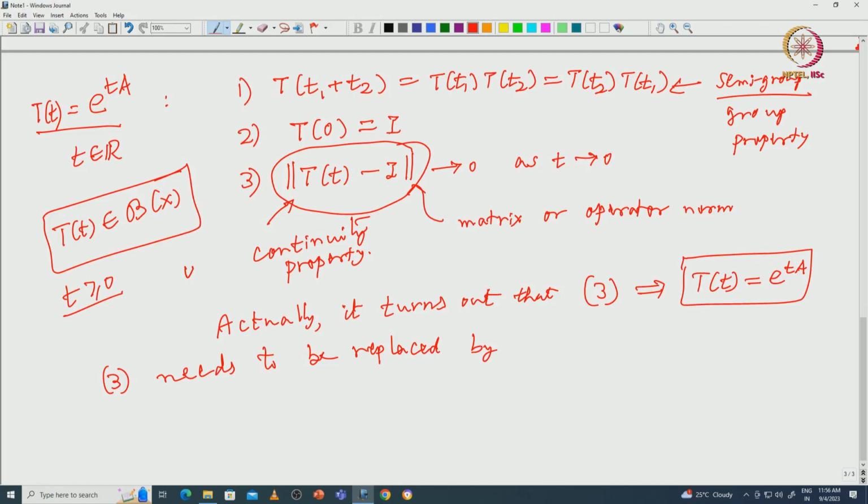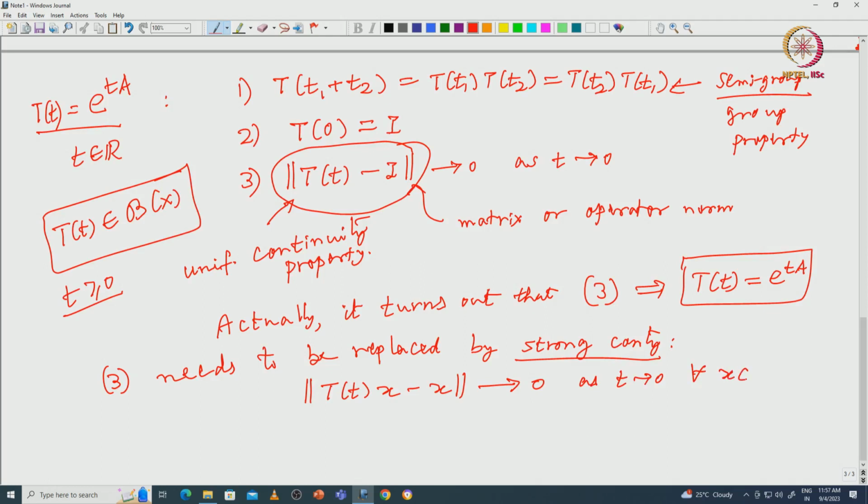Actually, this is uniform continuity because we are taking it in the norm. So, this is uniform continuity. So, it is replaced only by strong continuity. Okay. I will define later. So, this is T of t x minus x tends to 0 as t tends to 0 for all x in X. Okay.